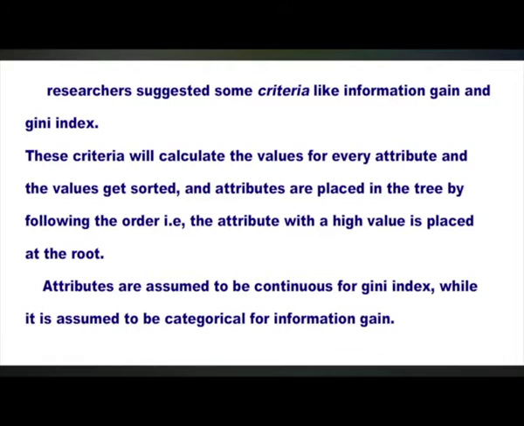These criteria calculate the values for every attribute, the values get sorted, and attributes are placed in the tree following that order, that is, the attribute with a high value is placed at the root. Attributes are assumed to be continuous for Gini index, while they are assumed to be categorical for information gain.